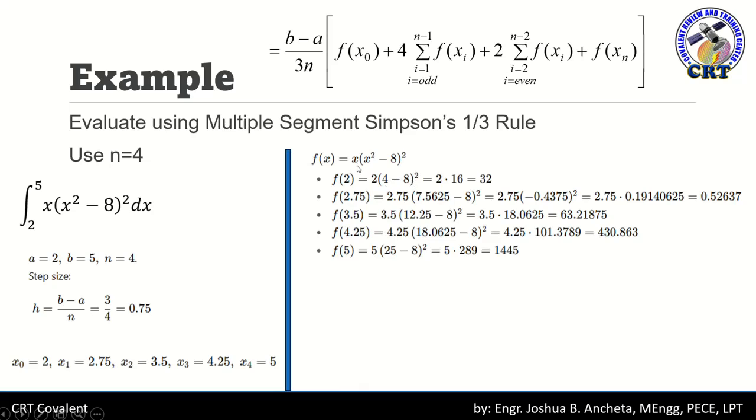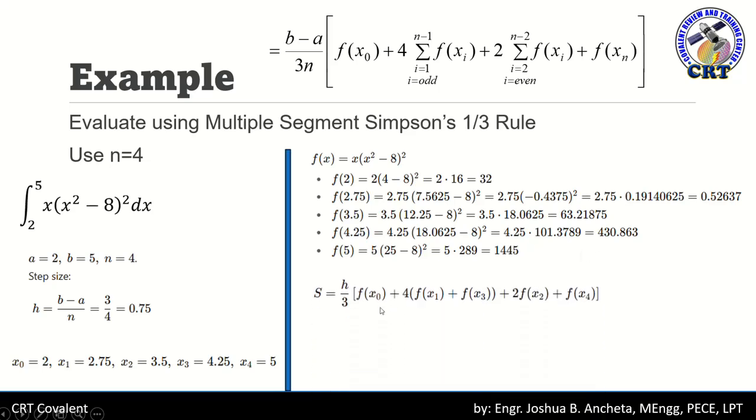But first, let us solve the function of x for the different values. For f(2), we have 32. f(2.75), we have 0.52637. f(3.5), we have 63.21875. f(4.25), we have 430.863. And f(5), we have 1,445.